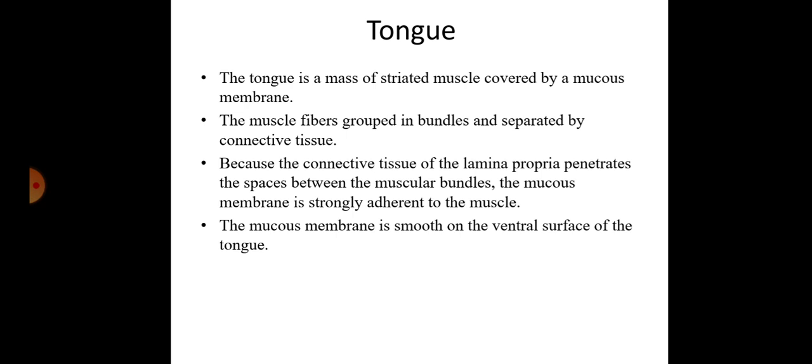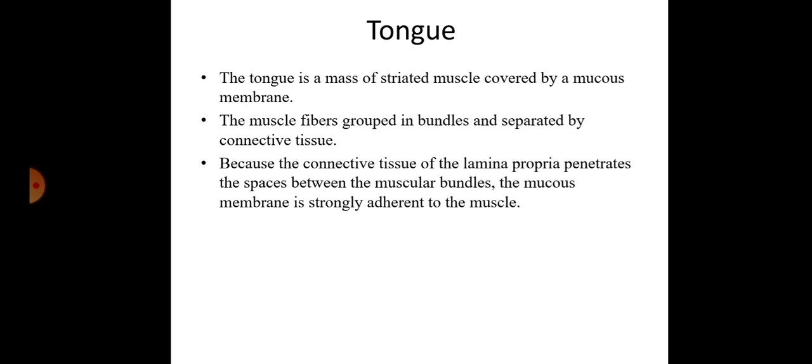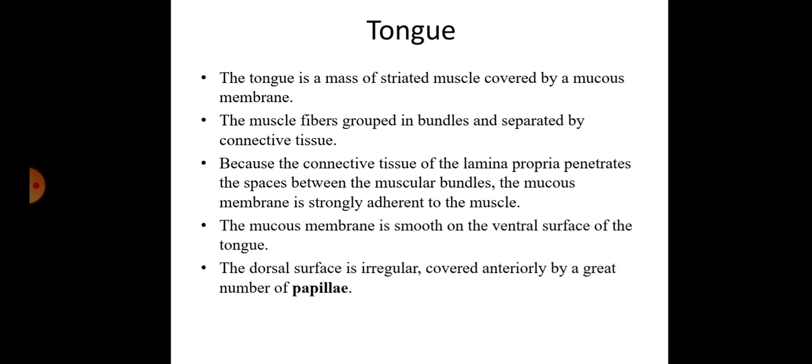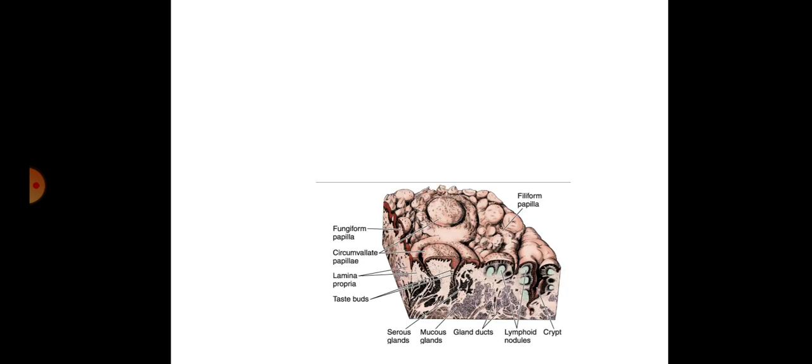The mucous membrane is smooth in the ventral surface, while the dorsal surface of the tongue is raised and rough because of the presence of the papillae.